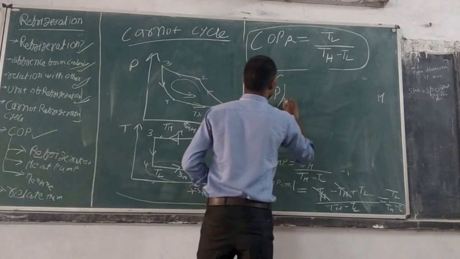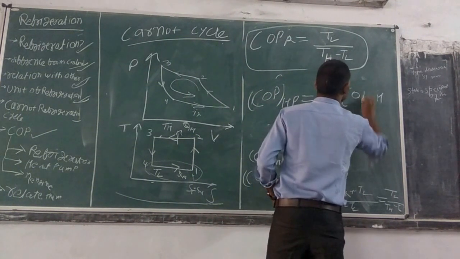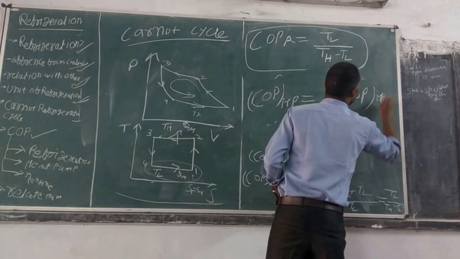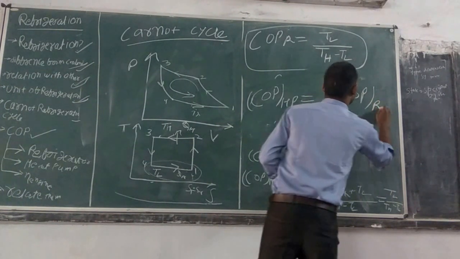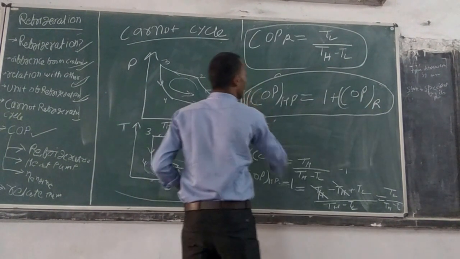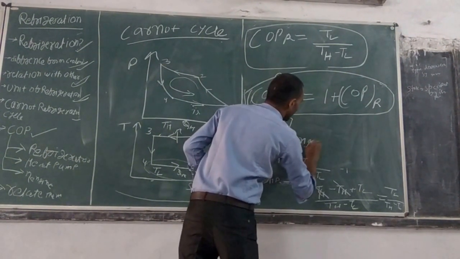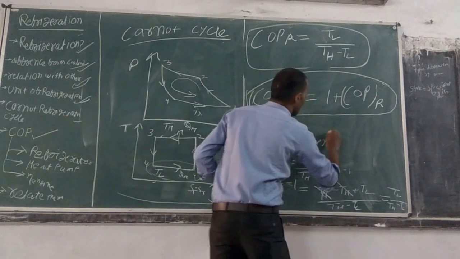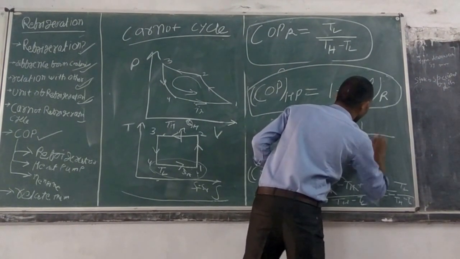So COP of heat pump is equal to 1 plus COP of refrigerator. And as we all know, the efficiency of an engine is 1 upon COP of heat pump.